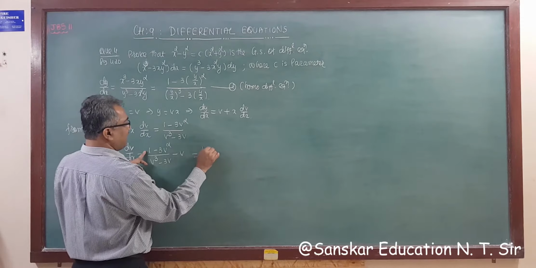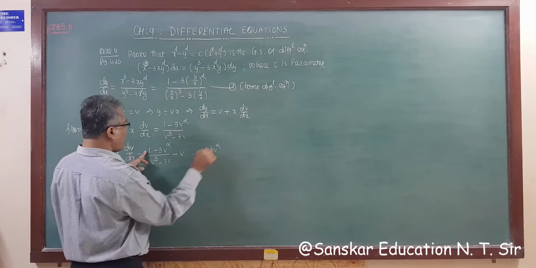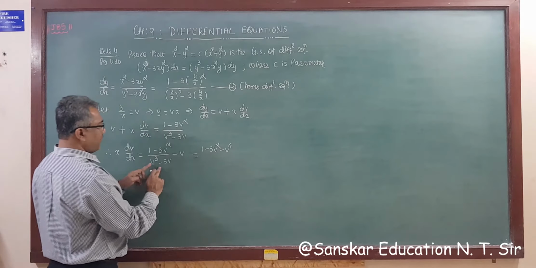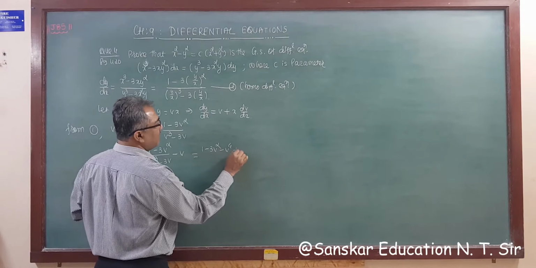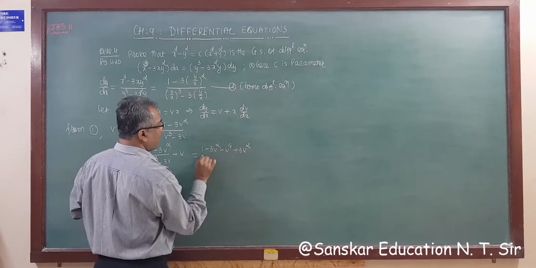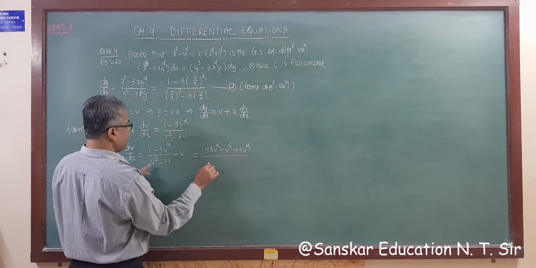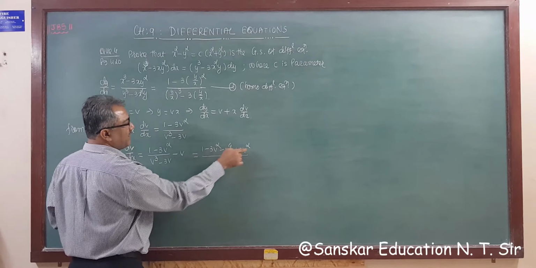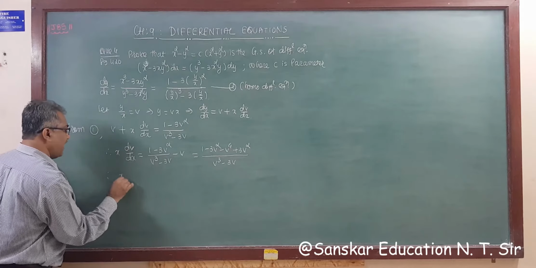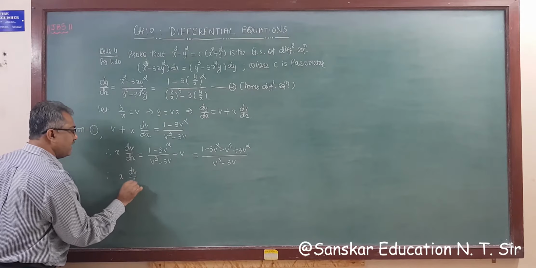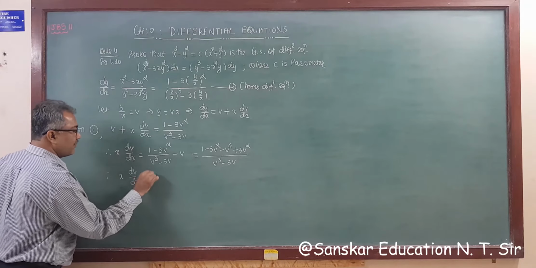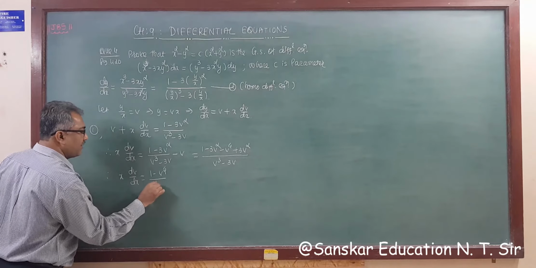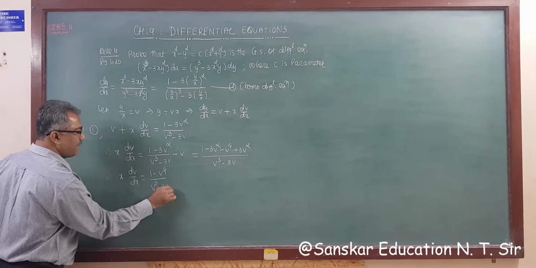So 1 minus 3v square, multiply this, we get minus v raised to 4, minus minus plus 3v square, whole upon v cube minus 3v. This will be cut, so remaining will be x dv by dx is equal to 1 minus v raised to 4 upon v cube minus 3v.